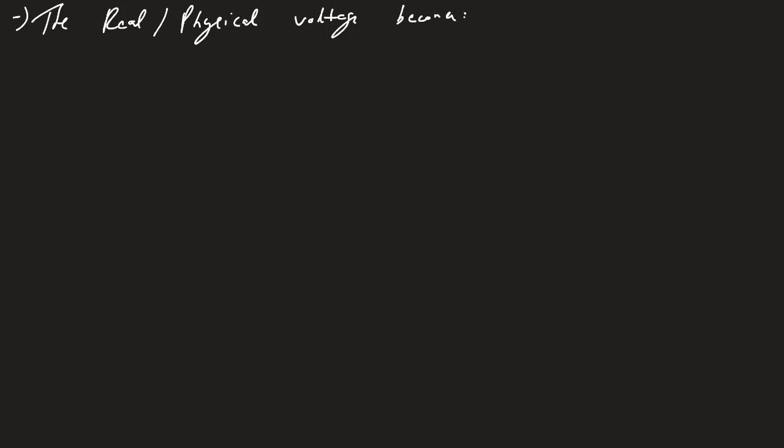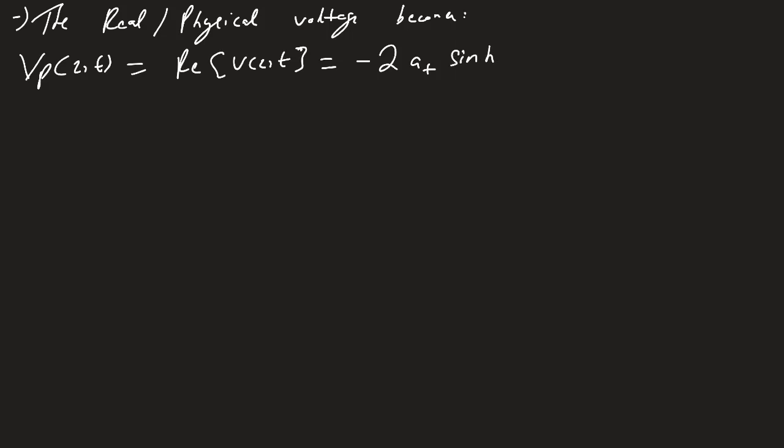So V physical of Zt becomes equal to the real part of V of Zt. So this becomes equal to minus 2A plus sine hyperbolic of gamma Z cosine of omega t, because the real part of e to the power iota omega t, using Euler's identity, is cosine of omega t.